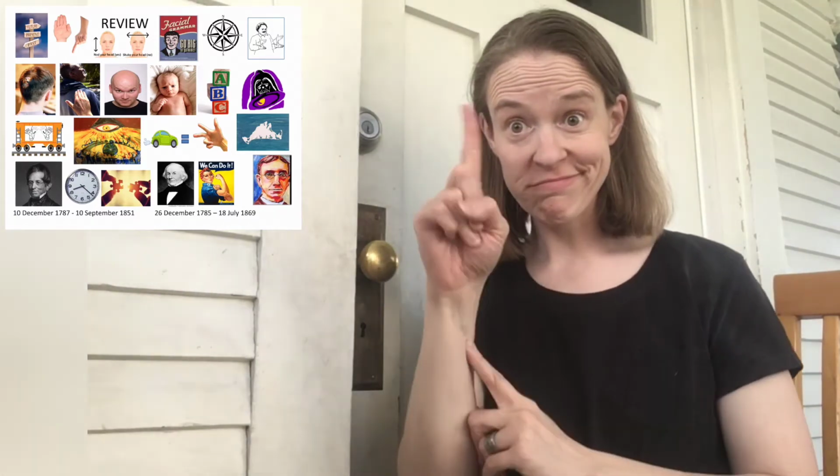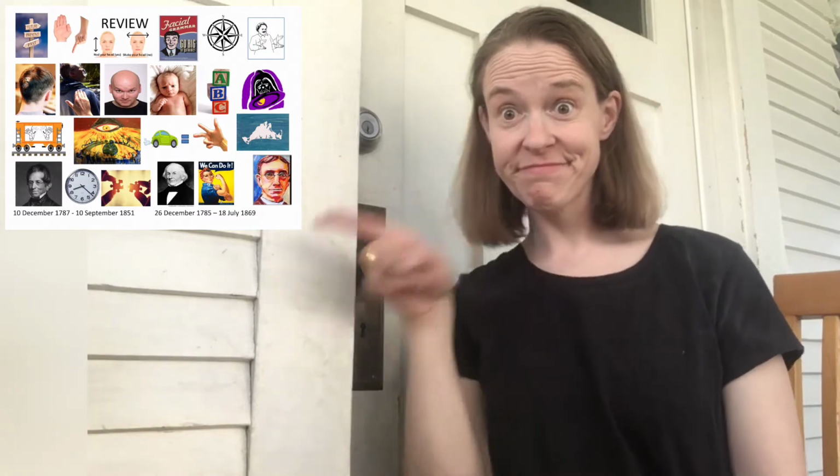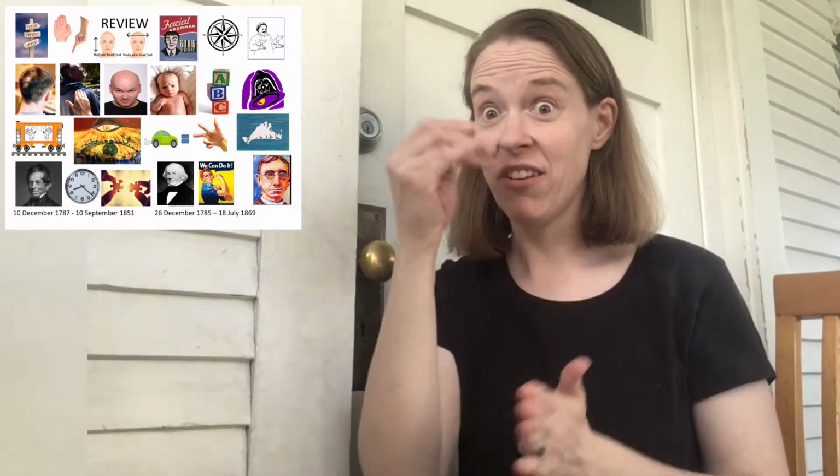You've learned the closed 5 hand shape is used for possessive pronouns. You've learned that the pointer finger pointing to you, me, him, her is used for personal pronouns. You've learned that it's so important to have a head nod or a head shake corresponding to your sentence. You've learned that facial grammar is super important for ASL grammar.